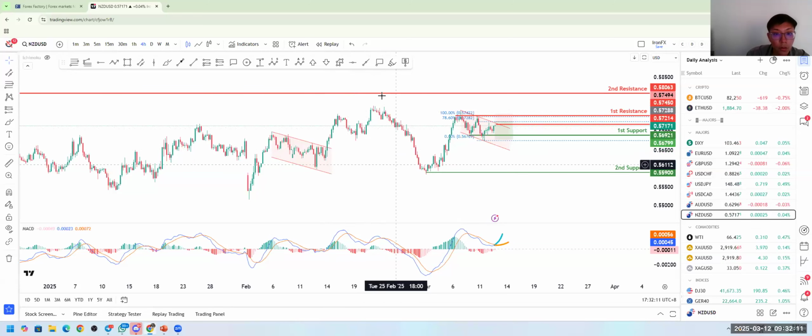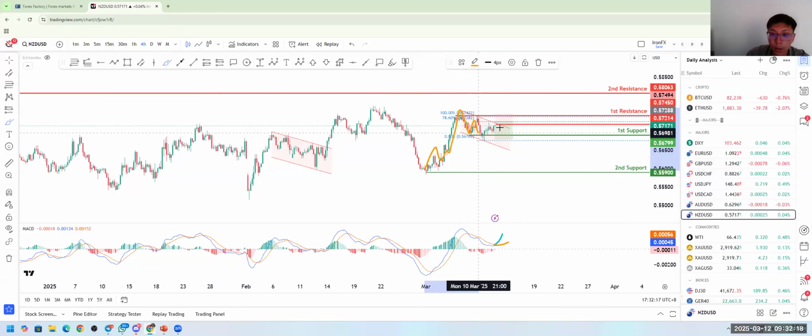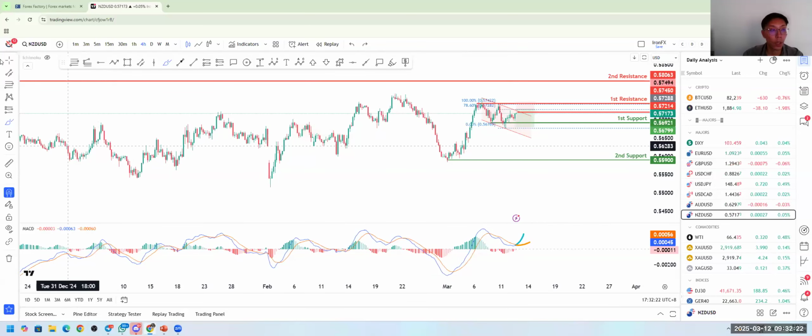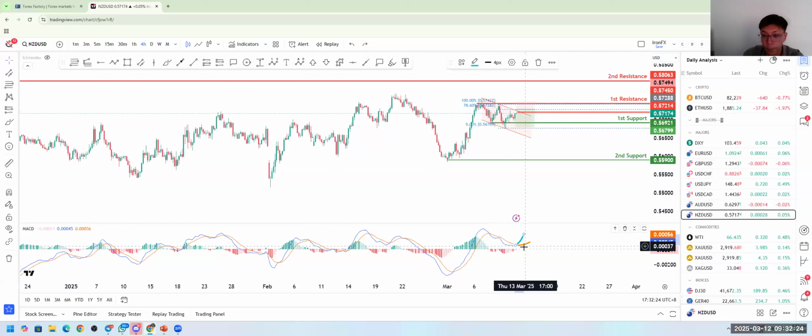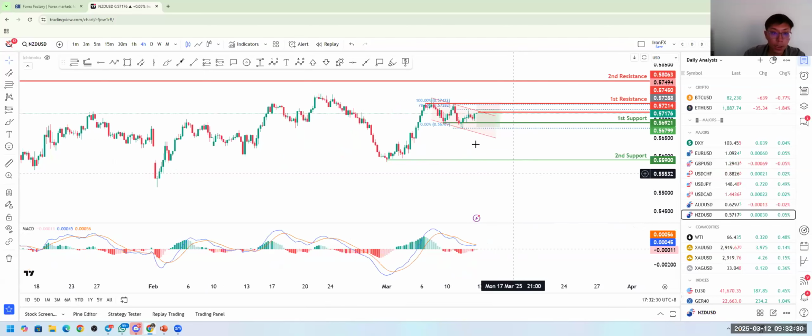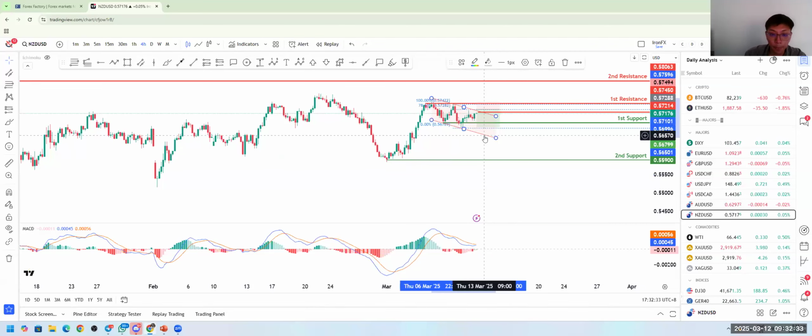So it could possibly do the same movement right here. Bullish, bearish, bullish, right? Then from here, we will have to look at this MACD line already. If it happens to have this, then we will not sell NZD USD.